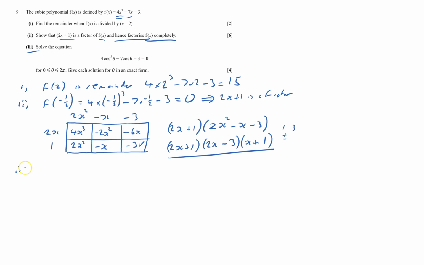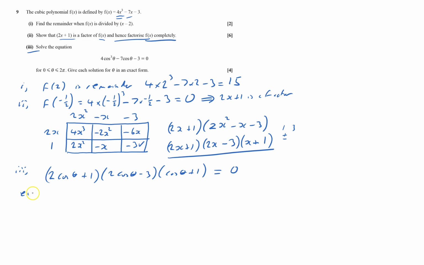And now for part 3. Solve this equation. And this equation is exactly the same as we had to start off with, but instead of writing x, I've got cos theta. 7 cos theta. So all I have to do is write cos theta and not x. So that means 2 cos theta plus 1 and 2 cos theta minus 3 and cos theta plus 1, that must equal 0.